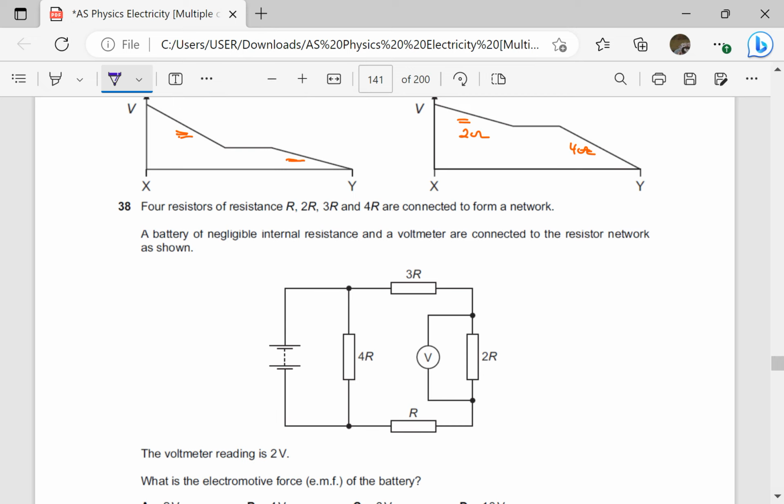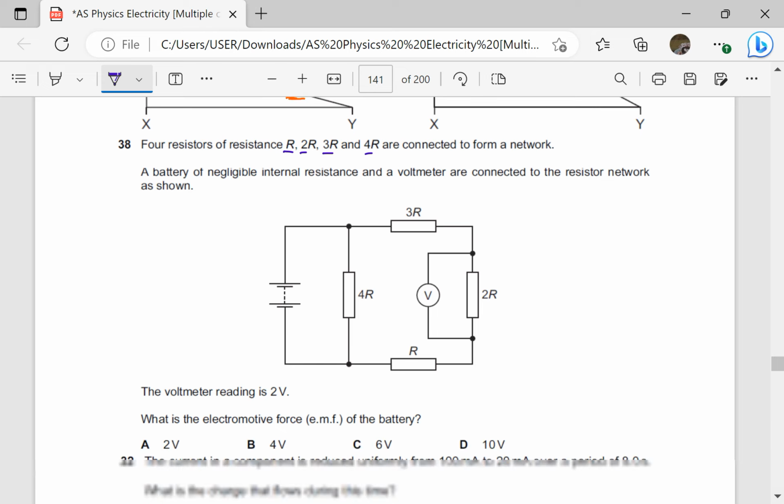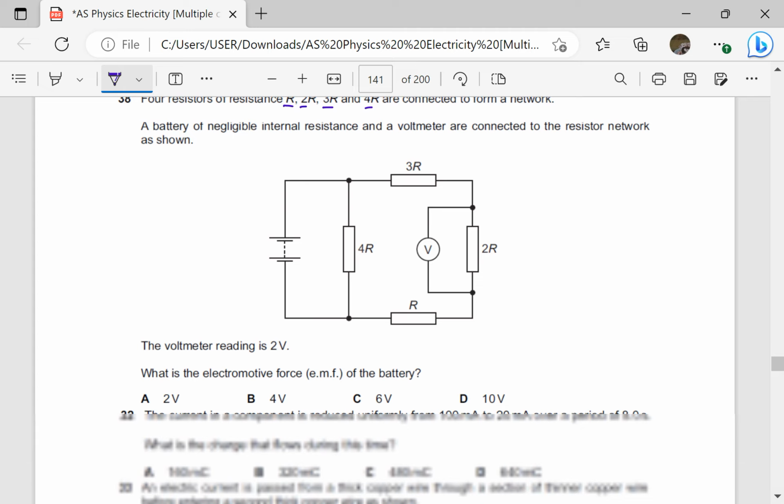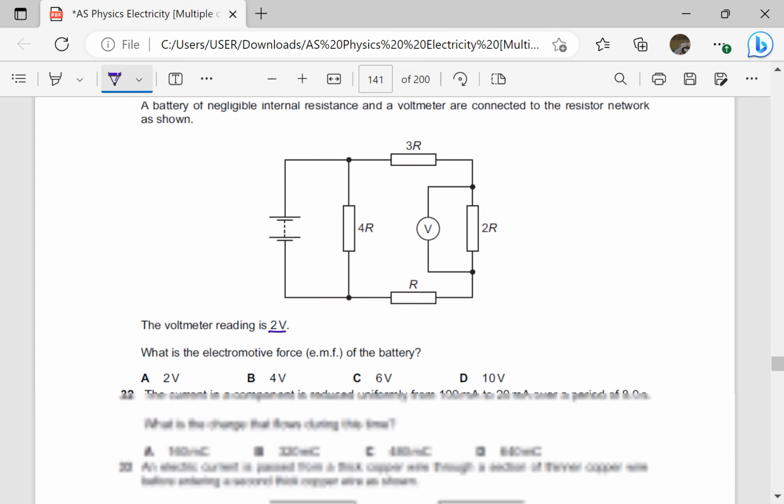So question 33, 4 resistors of resistance R, 2R, 3R, and 4R are connected to form a network. A battery of negligible internal resistance and a voltmeter are connected to the resistor network as shown here. The voltmeter reading is twice V. Note that the voltmeter is connected across 2R and is reading 2 volts.